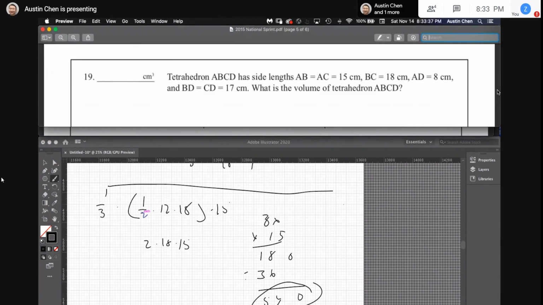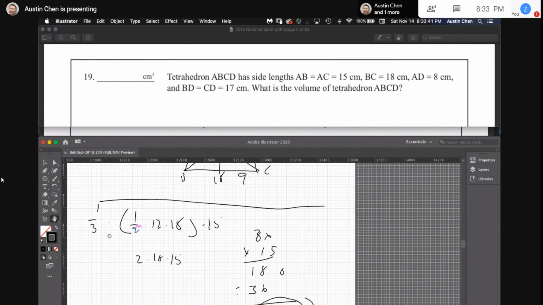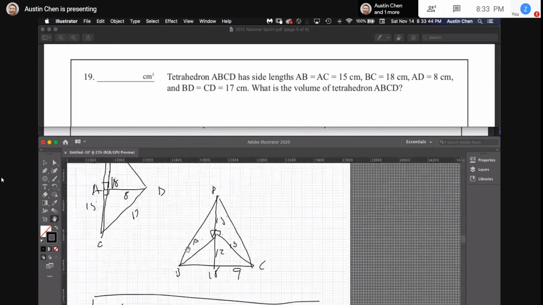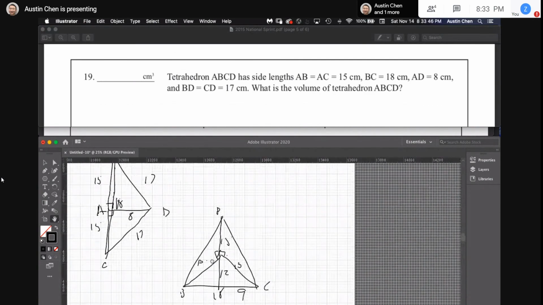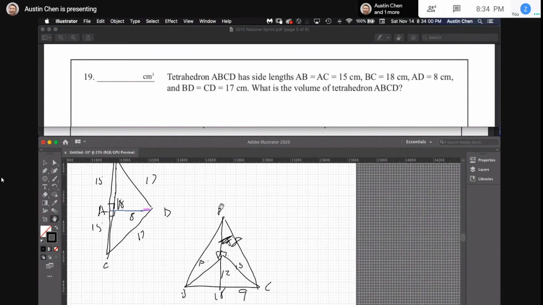Uh-oh. Oh no. I messed up somewhere. Oh, this is D. I misread my handwriting.